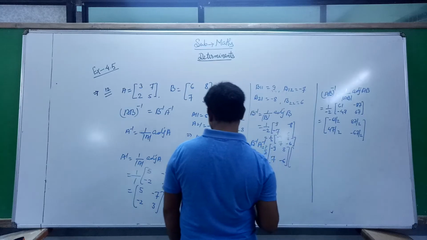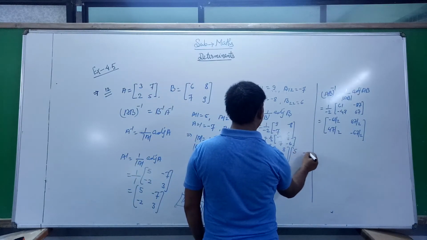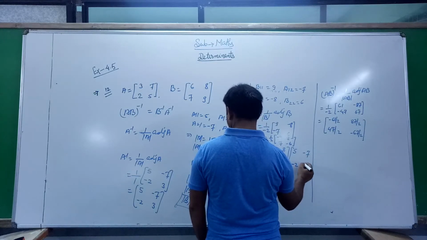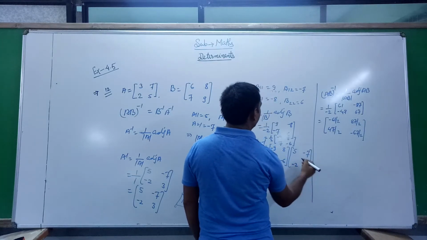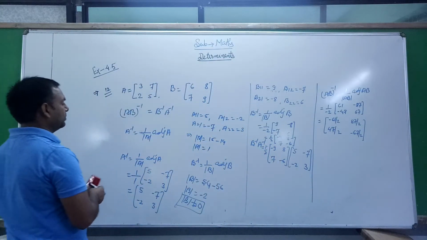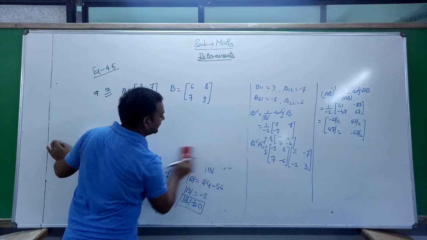The value of A inverse is equal to 5, minus 7, and -2 and 3. Then how can we find the value of this? Here I solve.